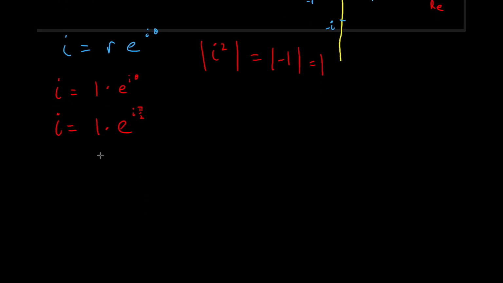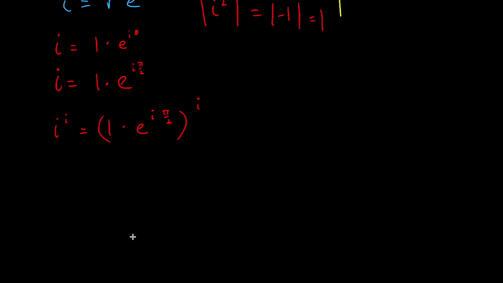Okay, now we found what i is, and we want to raise it to the power i. So let's just raise both sides to the power i: 1 times e to the power i pi over 2, all to the power i. Using our exponential properties, i to the power i is equal to e to the power i squared times pi over 2.